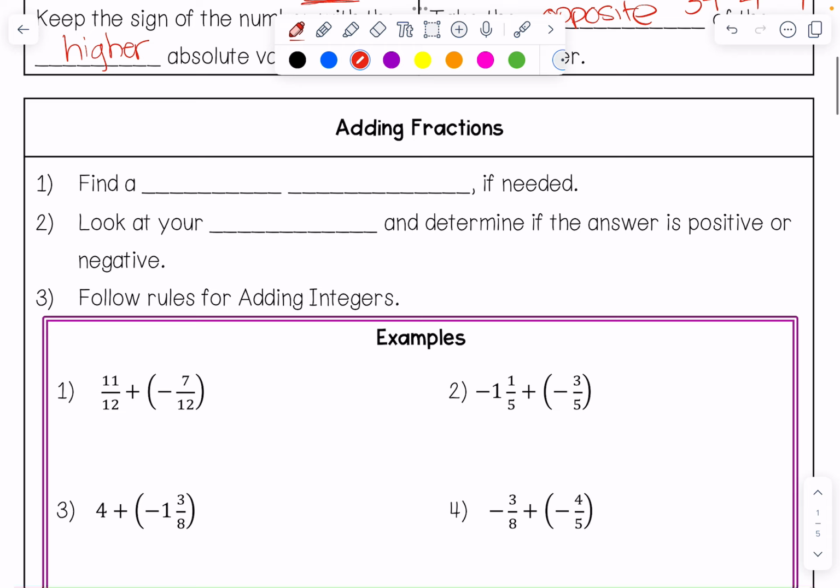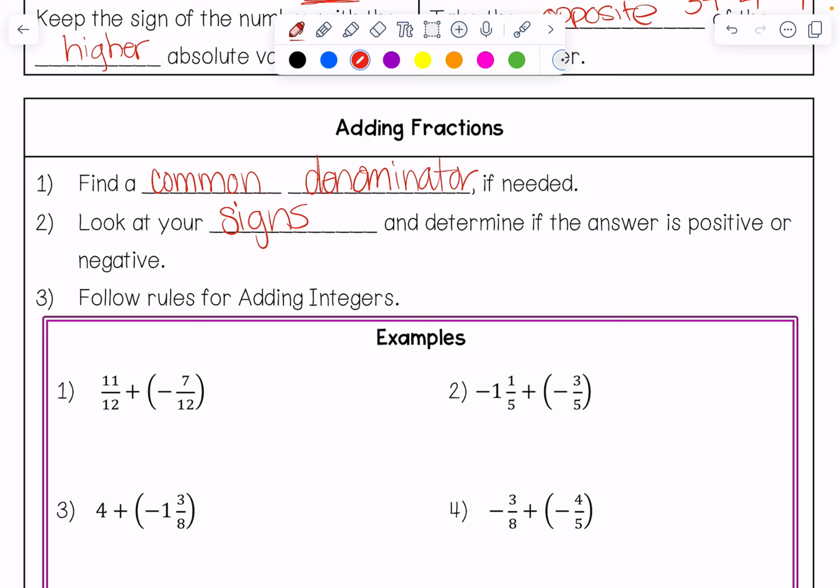So when we're adding positive and negative fractions and mixed numbers, the first thing you want to be thinking about is finding that common denominator if needed. Then take a look at your signs and see if you can determine if your answer is going to be positive or negative.